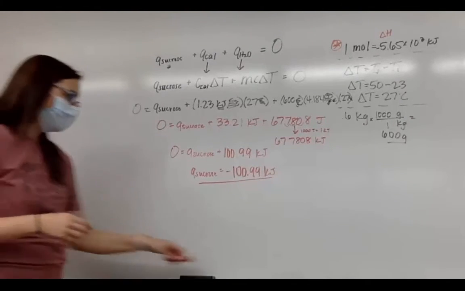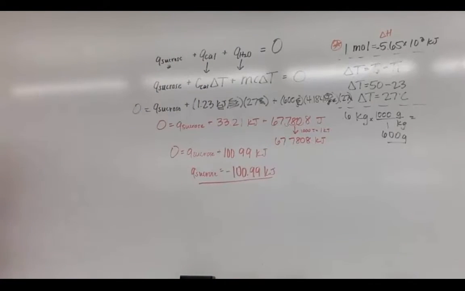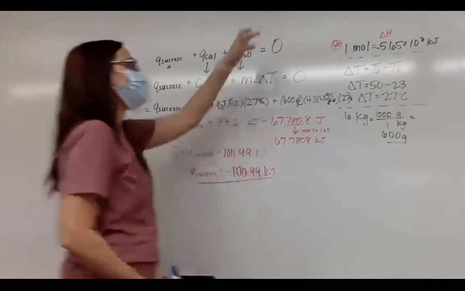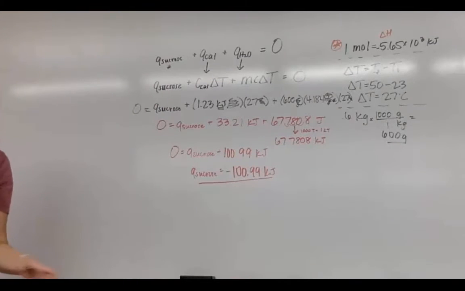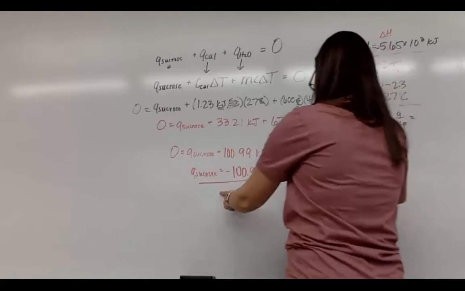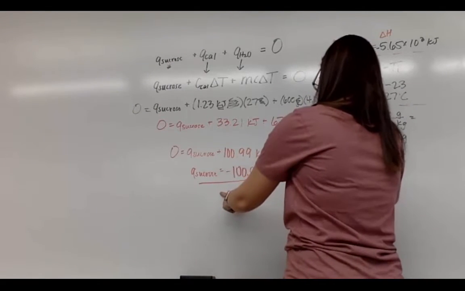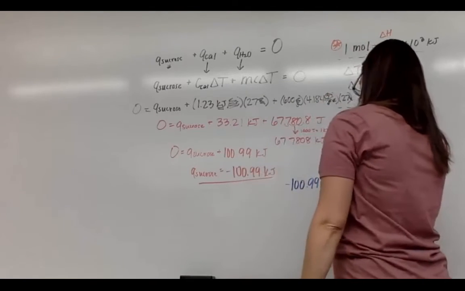So what we're actually going to do is a stoichiometry problem, essentially. We're converting units. We're using delta H as a conversion factor between kilojoules and moles, which we can then convert to grams. So let's start with our value of Q. Negative 100.99 kilojoules.